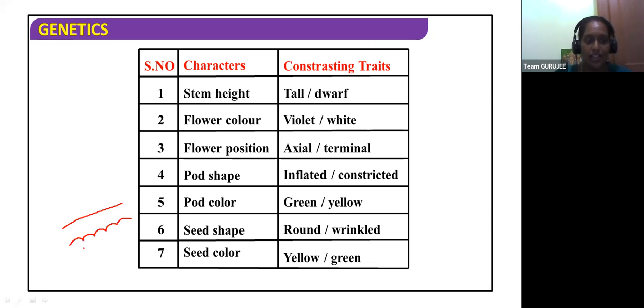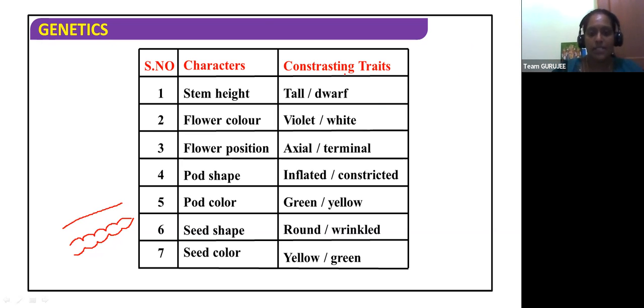This is a constricted pod. You can find both of them even now. The pod color is usually green. We don't see yellow. When you see yellow, they say it is usually the ripened one. But there is a variety which is yellow also. We could see the yellow in the dried form. We usually don't see yellow in the raw form. Our parents don't buy the yellow ones. They get only the green.